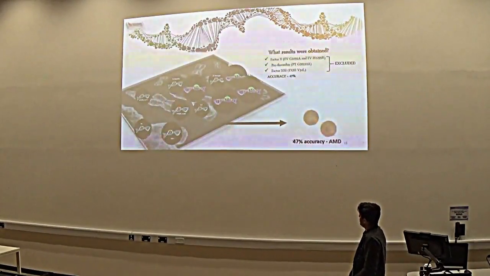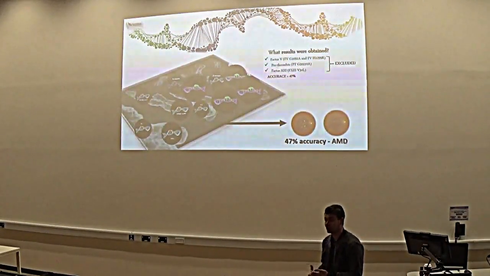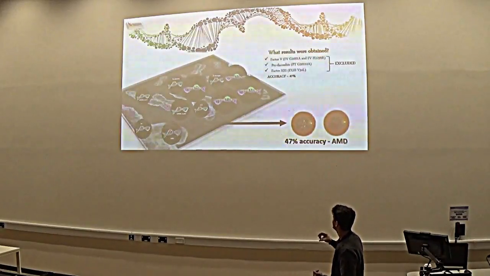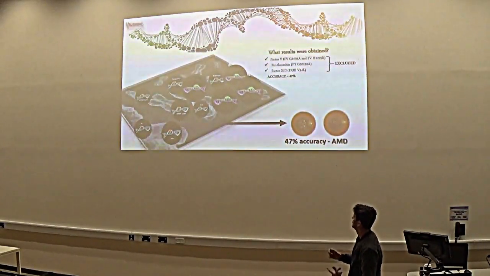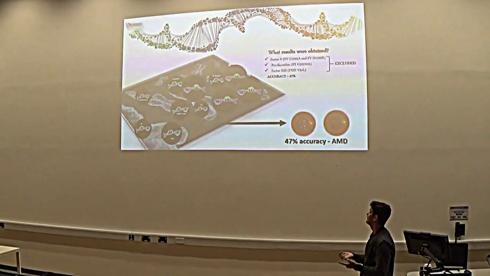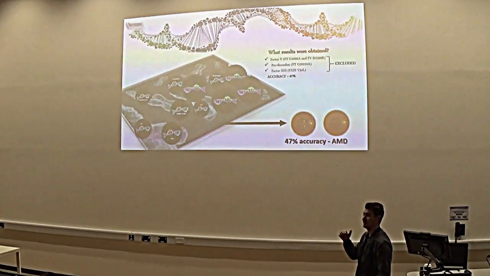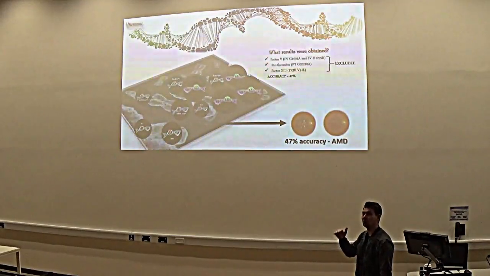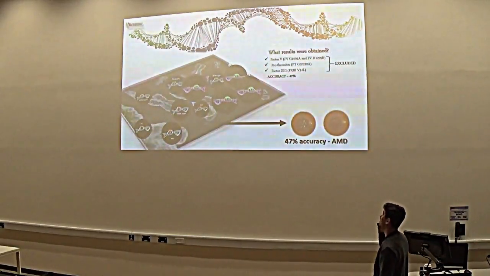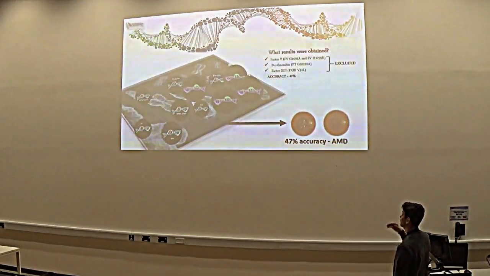In this slide, you can see the result obtained by excluding factor 5, prothrombin, and factor 13, and it will lead to the lowest accuracy value of 47%.